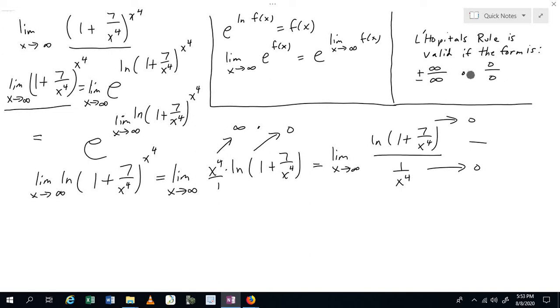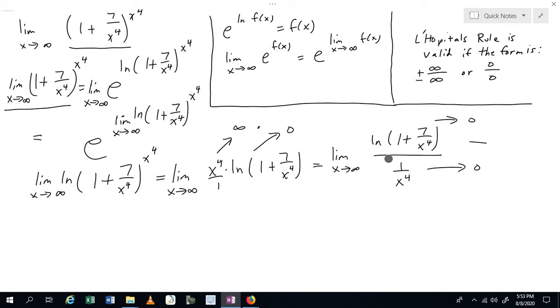which is good news, because if you remember, L'Hopital's rule is only valid when we have two different forms, either 0 over 0 or infinity over infinity, plus or minus infinity over infinity. Okay, so you can't use L'Hopital's rule unless you have one of those two forms. So we couldn't have used L'Hopital's rule here.